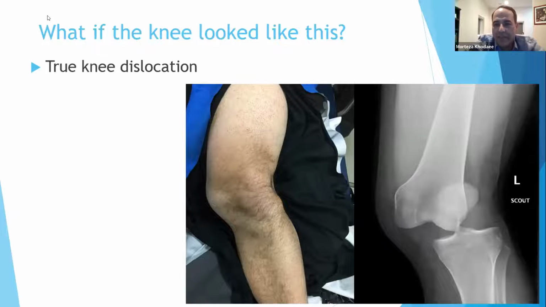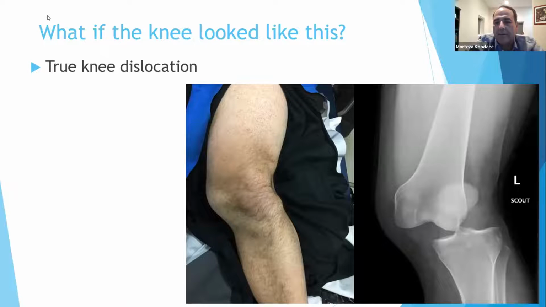So what you do is check the pulses before you do anything, and check the neurovascular status. Oftentimes, because these are caused by multiple ligament ruptures, including ACL, PCL, MCL, they are not very stable.